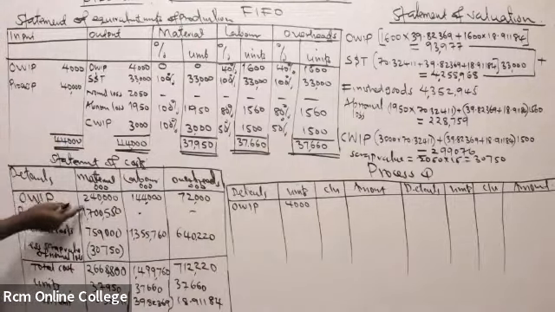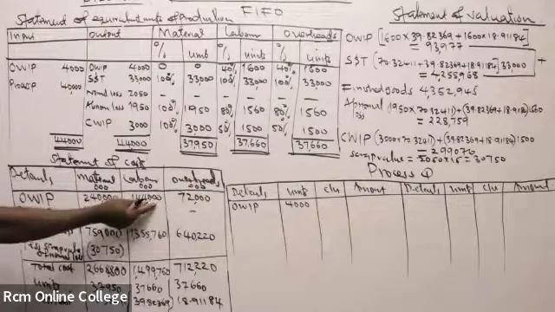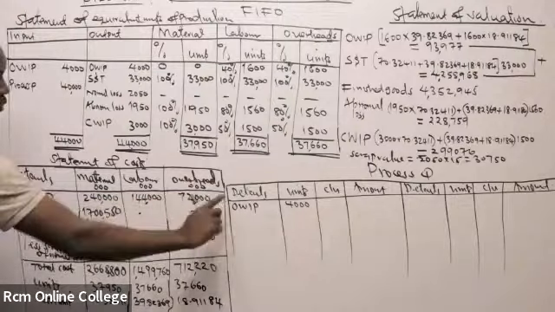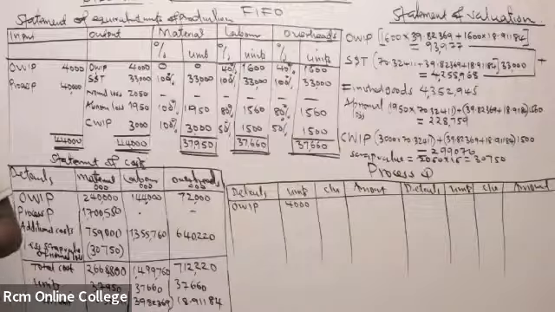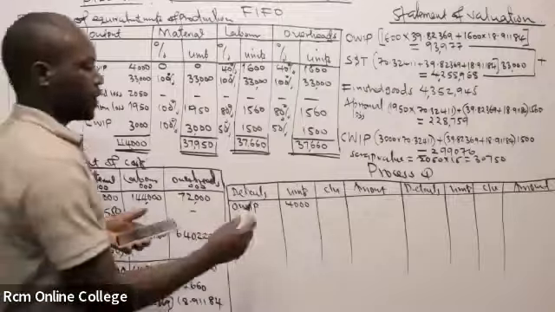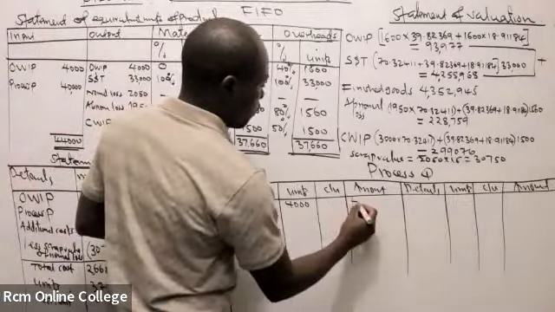Opening work in progress, we had 240, 144, 72. Can we bring all of them together? 240 plus 72 plus 144. Tunapata ngapi?